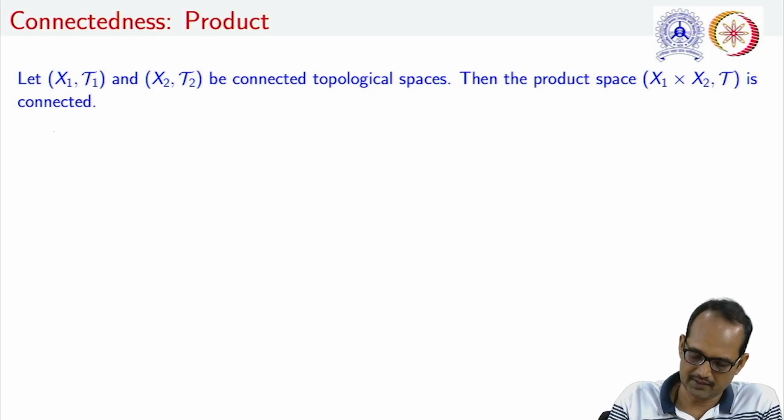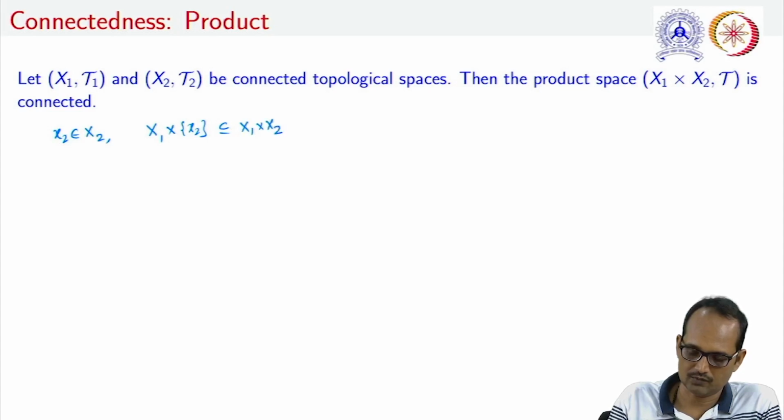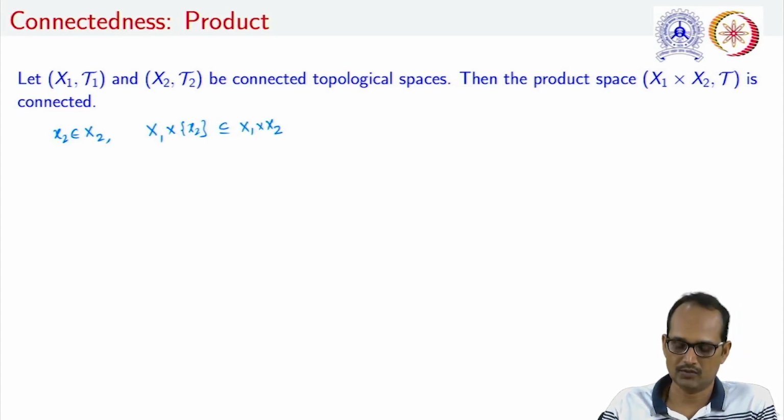If we are taking an element x2 in X2 and we want to see what this set is, that is X1 × {x2}, note that this is a subset of X1 × X2. Note that we can put a relative topology on this set, and that will be with respect to the product topology on X1 × X2.